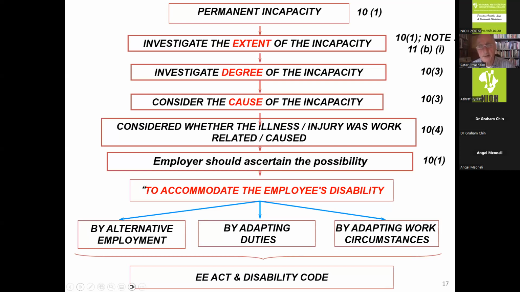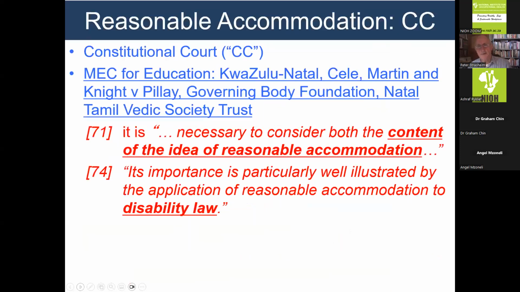Even the specialist mentioned the alternative job and that his duties could be adapted. It's a Labour Court case, you'll see it there. And even the 3 judges of the Labour Appeal Court mentioned what the specialist said. All right, so the key here is to accommodate the employee's disability. Now we must talk about the right to reasonable accommodation. On the next slide, you'll see what that's all about.